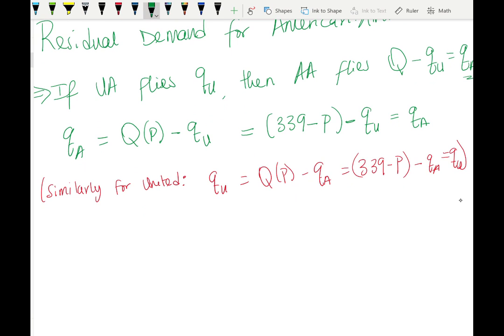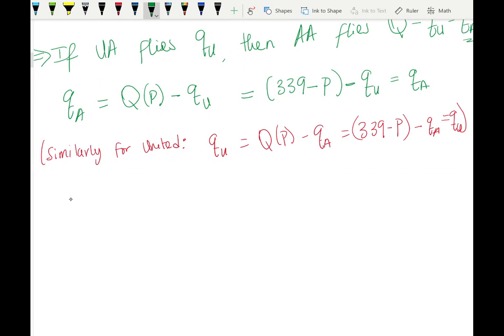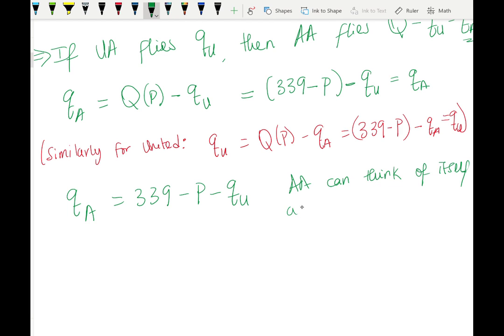Let's go back to American. With this information, QA equals 339 minus P minus QU, American Airlines can think of itself as a monopoly for the rest of the market, the people who did not fly on United.